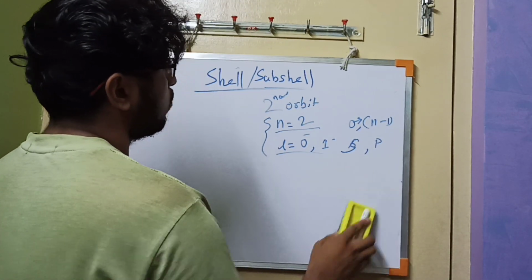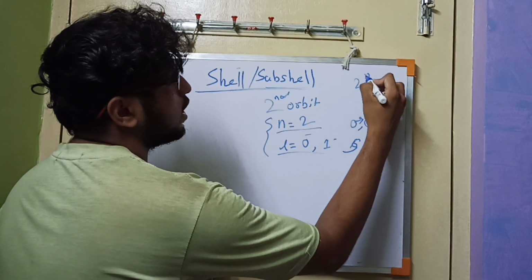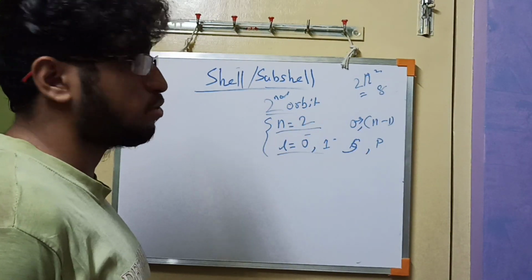So what was my question? The total number of electrons. From 2n square we can calculate that the total number of electrons is 8 for second orbit. Now we have to calculate from here.